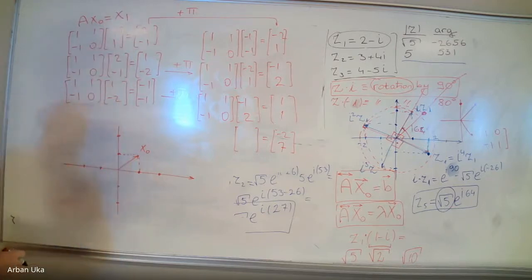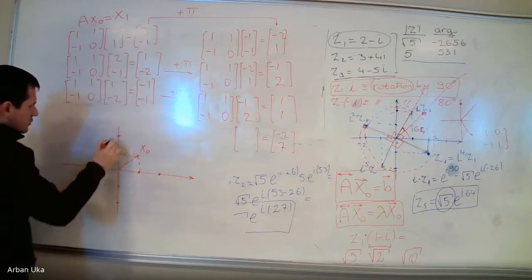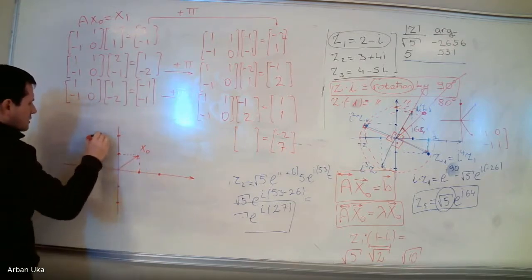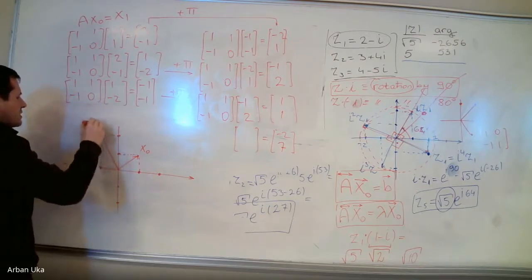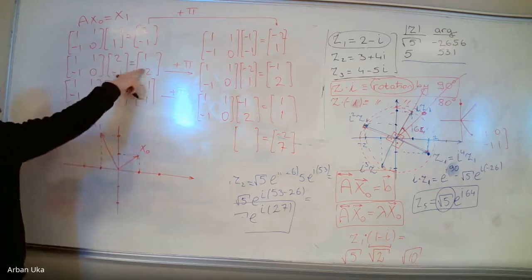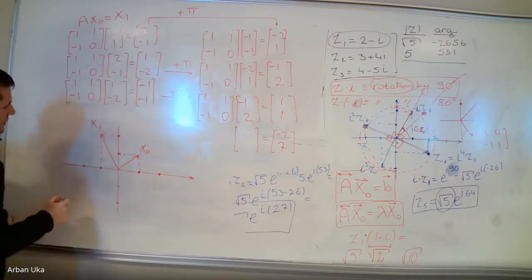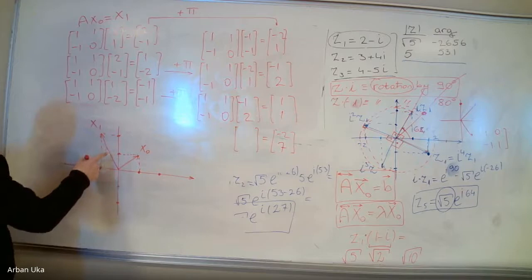What is x1? x1 is 2 minus 1. So this is x1. Then, what is x2? x2 is 1 minus 2. Where is 1 minus 2? No, we have a mistake then. It should not be like this. 2 minus 1. No, this is wrong.